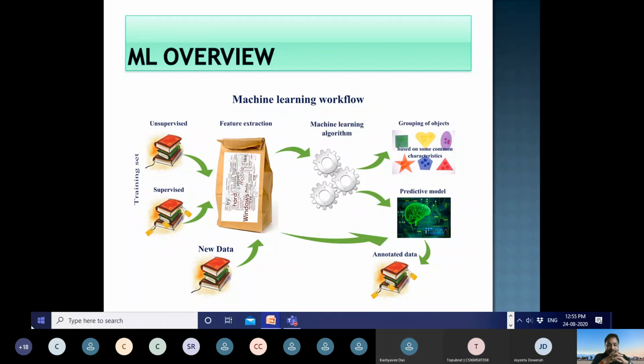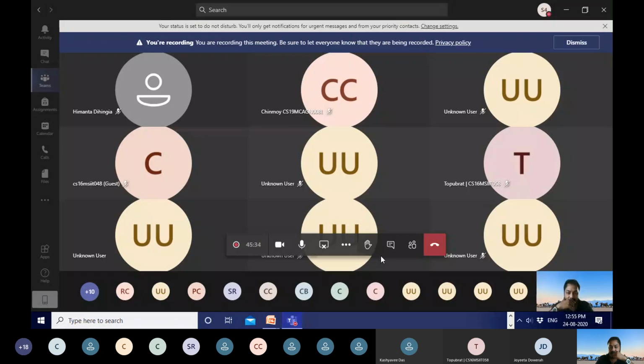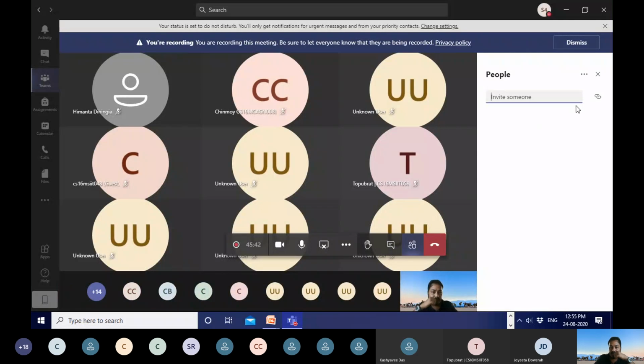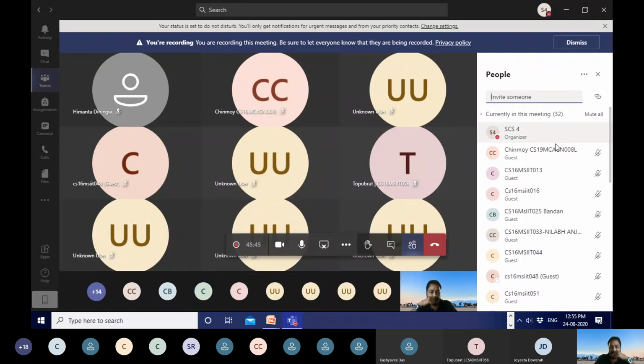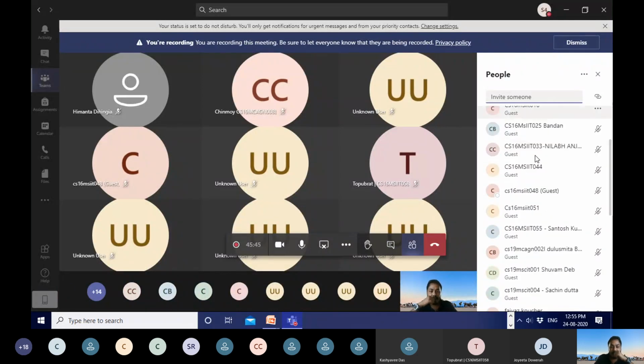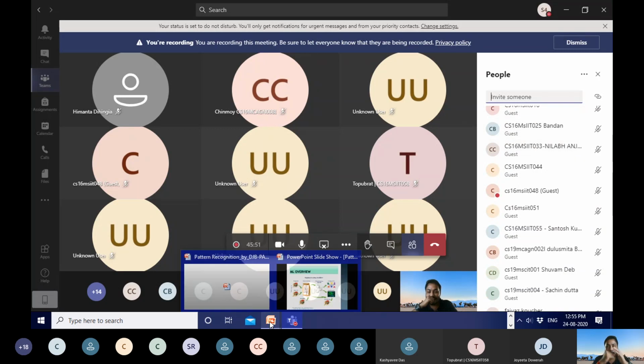Let me see how many bookmarks on supervised. Just a minute, let me see the number of participants. 32 participants are here. So we should get at least 32 responses. Please note down, this paper pattern recognition is very important for you.